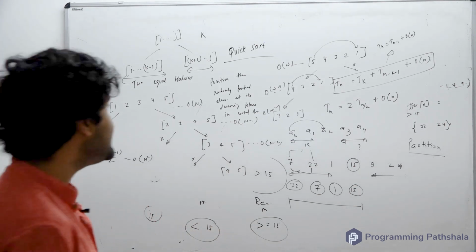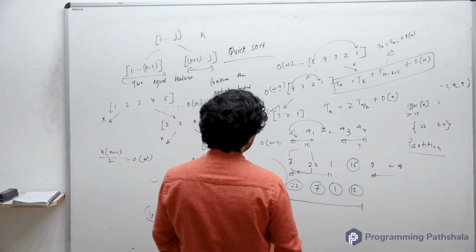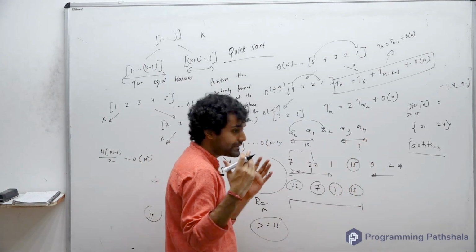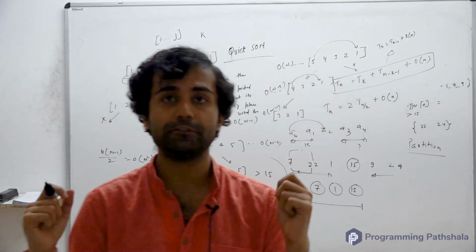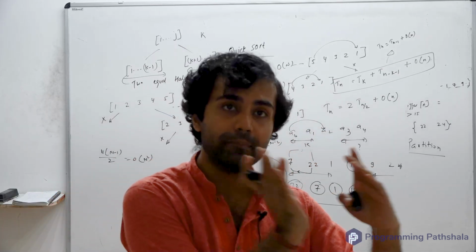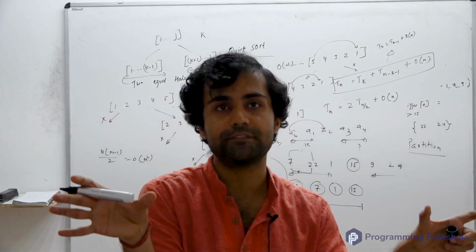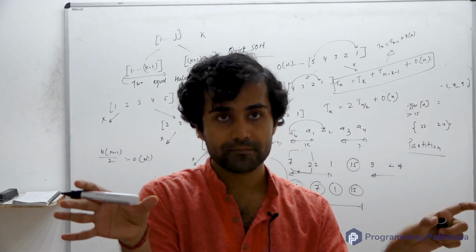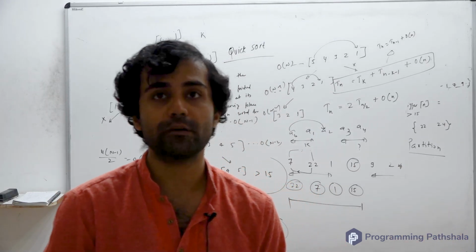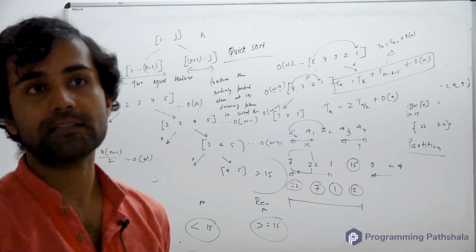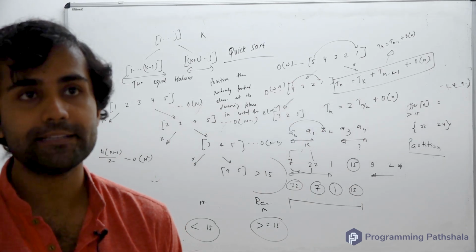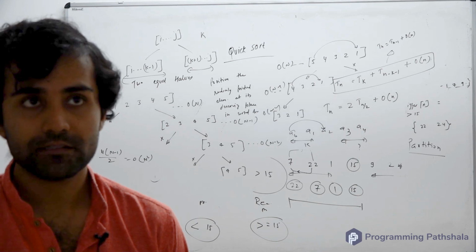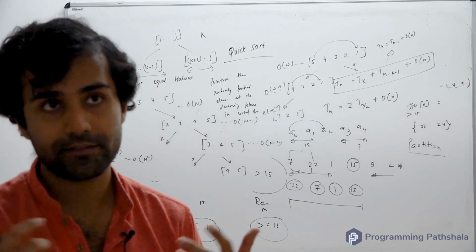Okay, but let's say the input array elements are in such a way that every time you are able to group them into two equal halves. Then how will this recurrence equation look like? Will it start looking just like merge sort then? Right?